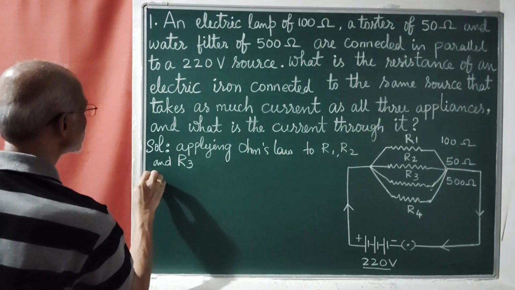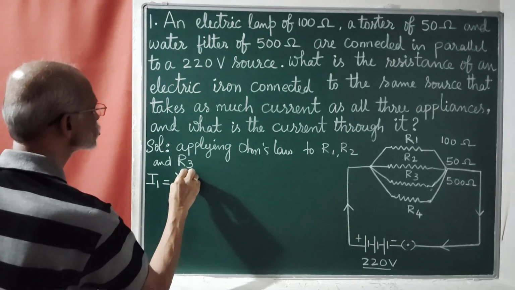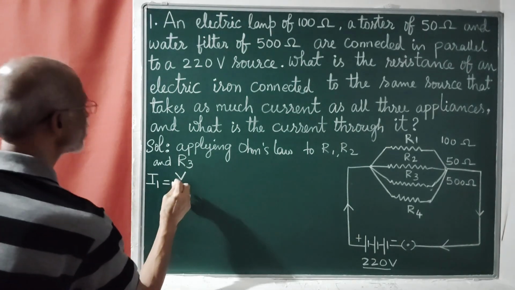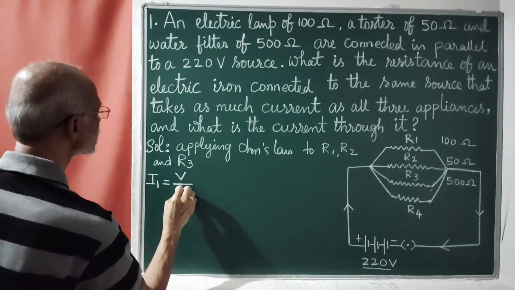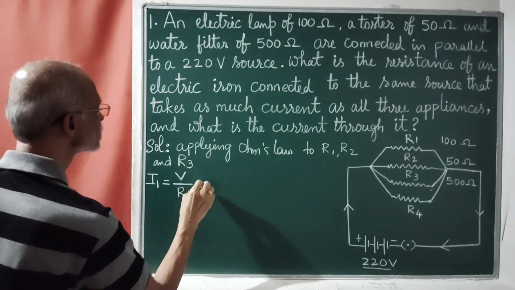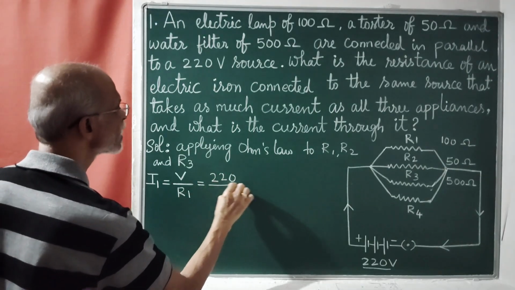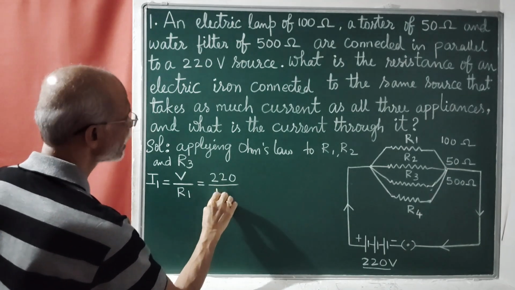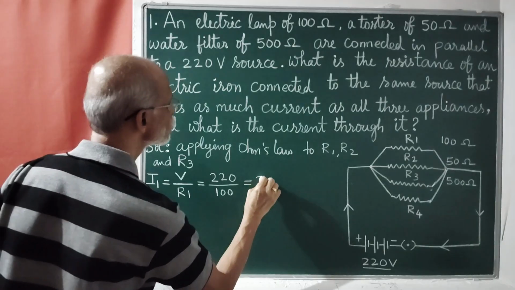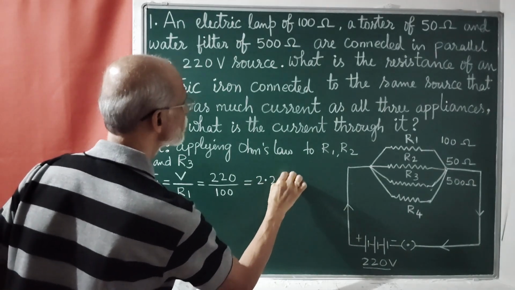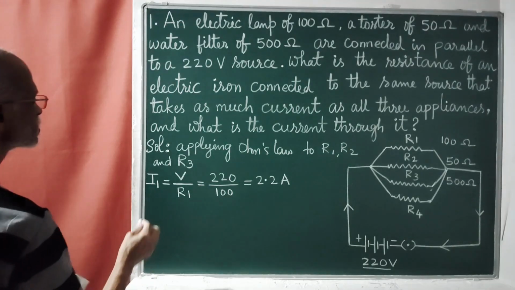So I1 is equal to V by R1, the value of V is the same throughout the circuit. That's equal to 220 by 100. It's equal to 2.2 amps. So the current flowing through R1 is 2.2 amps.